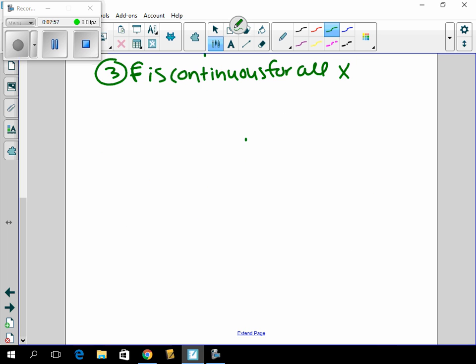So I'm going to just draw some axes, and since I'm drawing f, my axes are x and y. And so 0, 0, I've got to maintain that. And then from negative infinity to 1, my slope is negative 1.